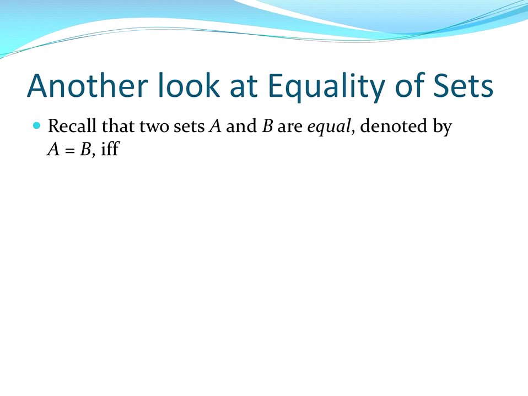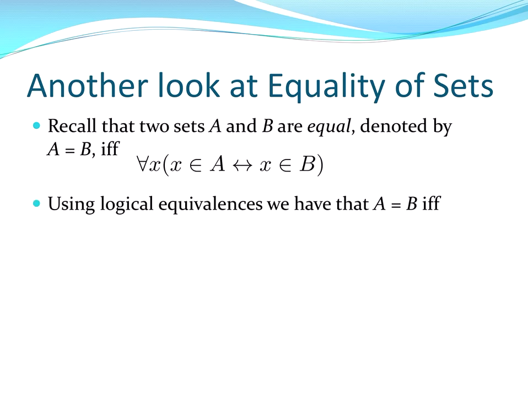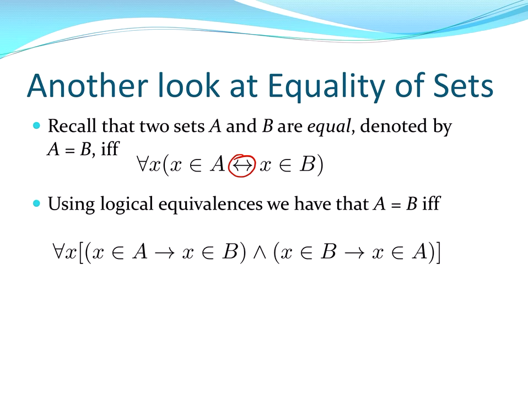Okay, so remember A is equal to B as sets if and only if x is an element of A if and only if x is an element of B for all x. And remember we have a logical equivalence of that. We prove biconditionals by breaking them into two implications, basically proving the biconditional both ways.